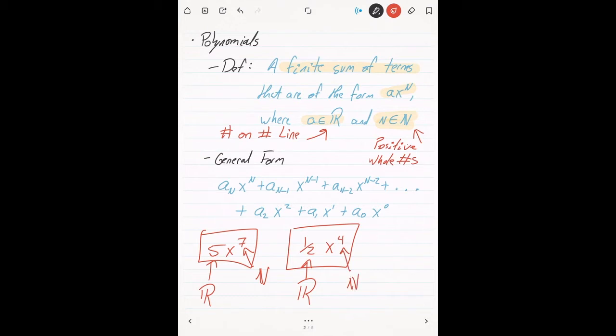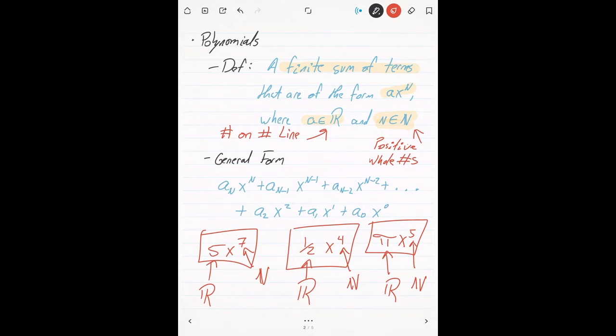We could even have a coefficient that's something like pi times x to the 5th power. Because pi is a real number, and 5 here is in fact a natural number, so this term would work as well. What I hope you're understanding here is that the polynomial, as long as it fits this format of some real number times x to some whole number power, it works.